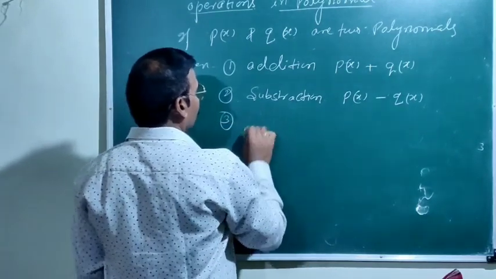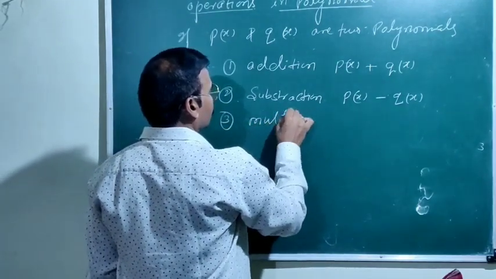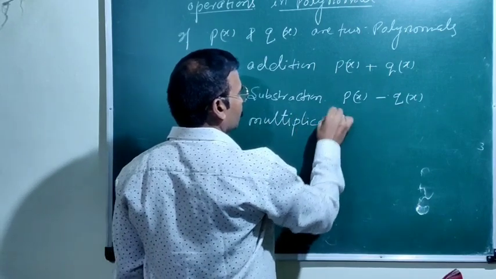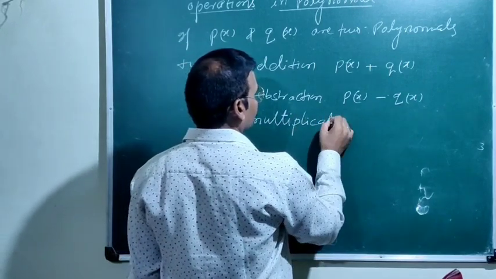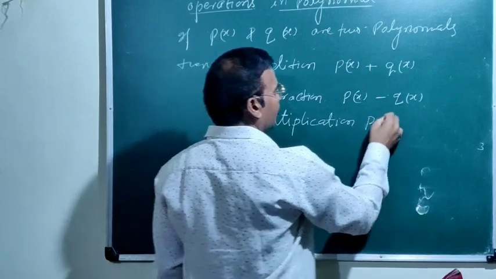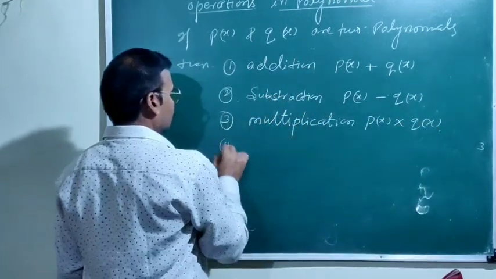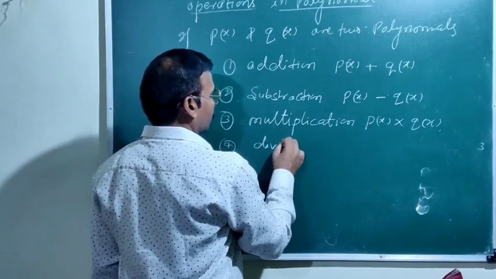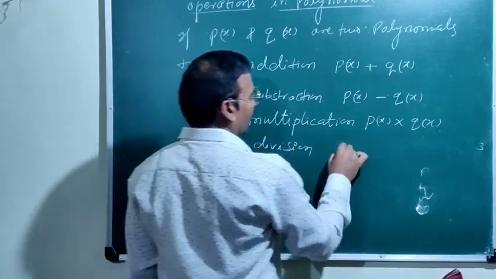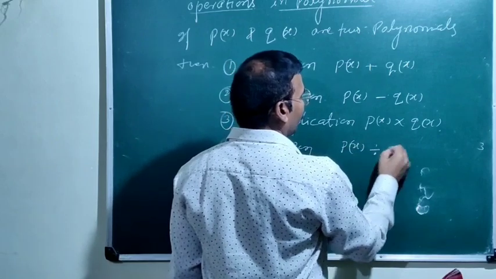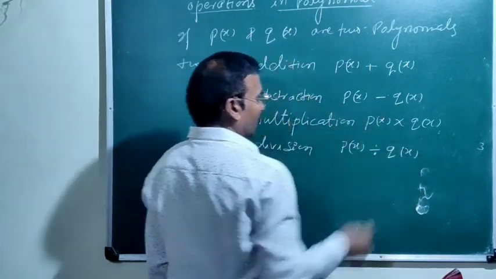Third, multiplication, p(x) into q(x). Now fourth, division, p(x) divided by q(x).